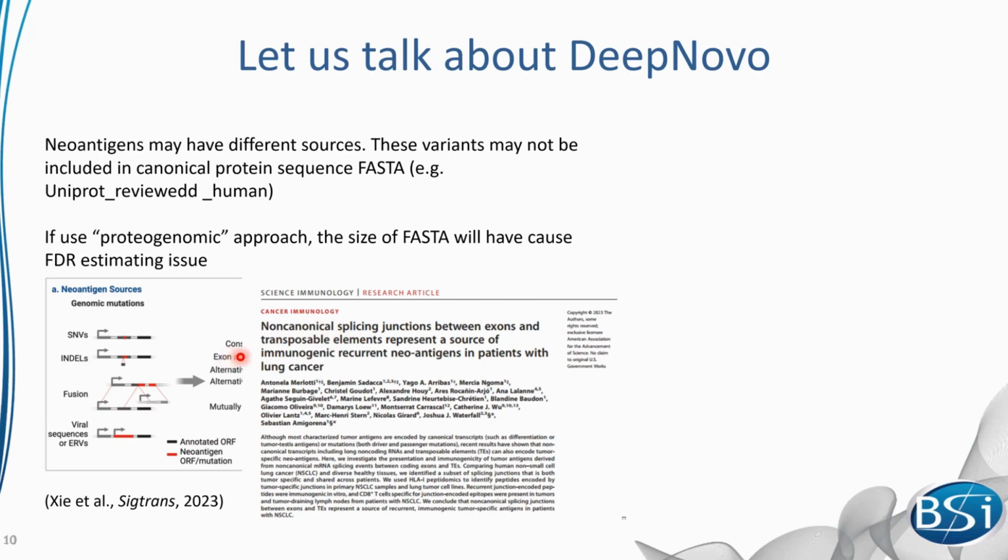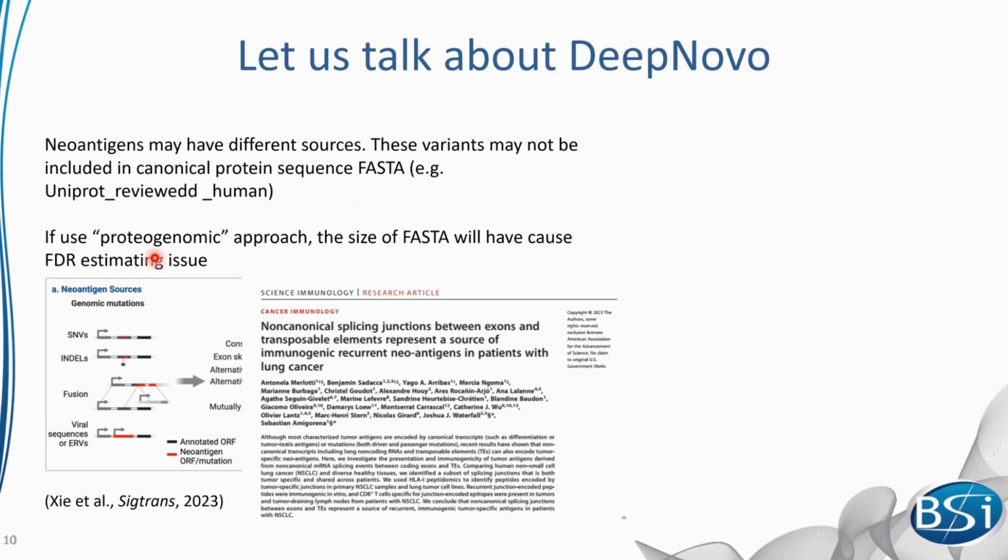The most important thing is that the sequences of non-canonical peptides may not be included in the protein FASTA file. So if I want to do a DB search but the sequence is not in the FASTA file, how can I do the search?